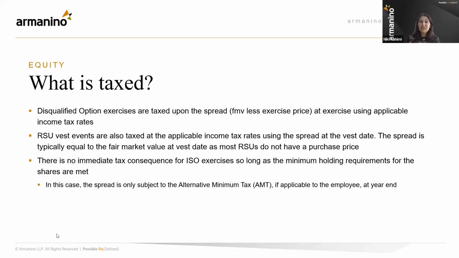If you have incentive stock options, I'll speak to that in an upcoming slide, but there is no immediate tax consequence for exercising those types of options. So that's for your year-end 3921s, which I'll get to in a bit. That spread, as long as it's a qualifying ISO exercise, would be subject to alternative minimum tax, and otherwise no income tax until they sell at a later date and within the requirements.